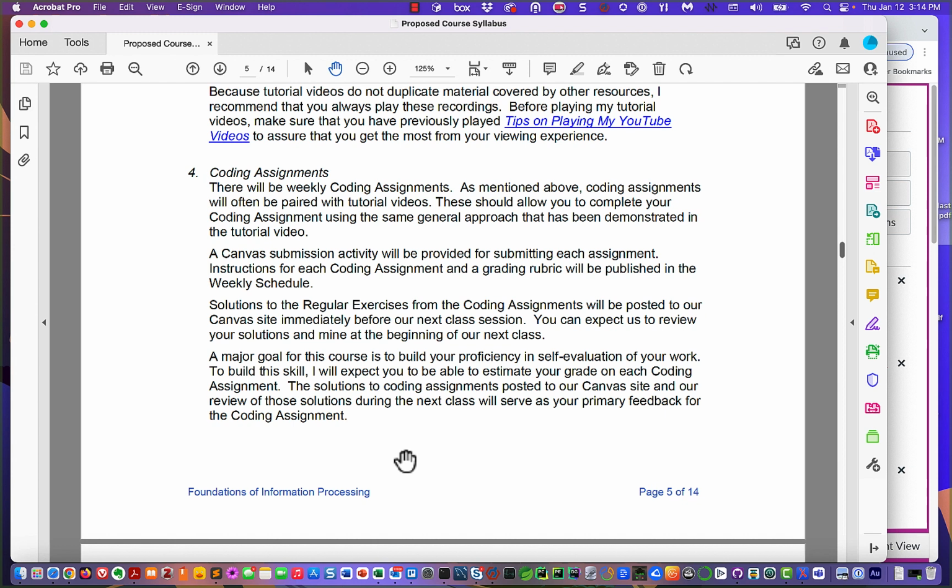I'm going to want you to do the coding assignments and hand them in on time, okay? Because if you don't, when we look at the solutions, they're just going to look easy. Everything looks easy.